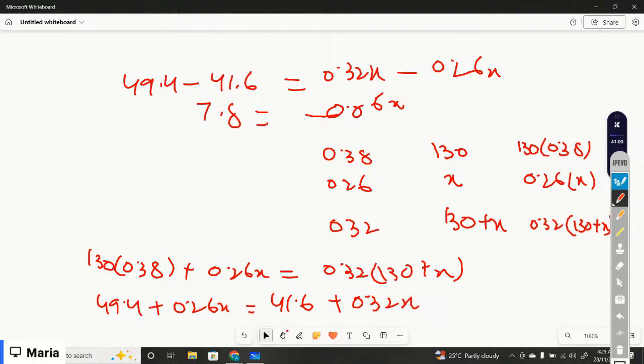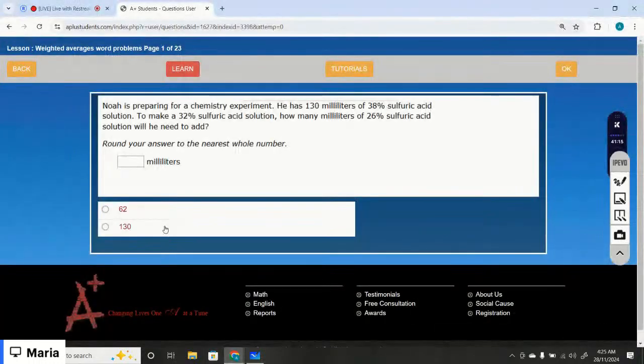So x is 130. So that means the correct option is 130. Option number 2 is the correct option. Got it?